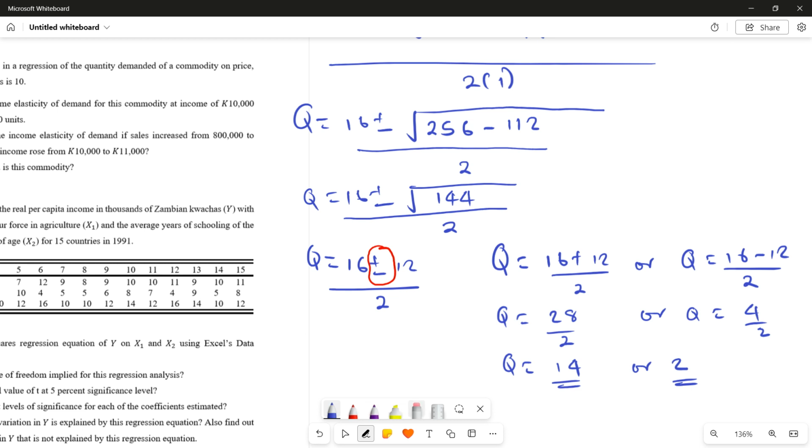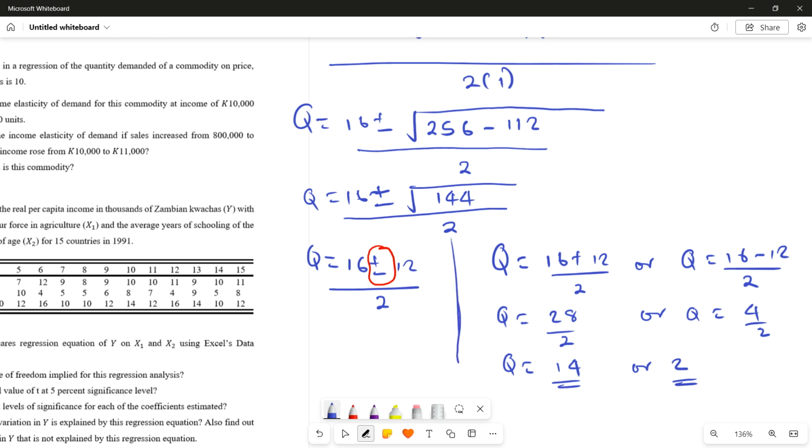So the thing is this, a quadratic function should give you two answers. Why? It's because in this case it's 16 plus or minus the square root of 144, then everything over 2. So when you simplify that, we're going to have Q is equal to 16 plus or minus 12 over 2.